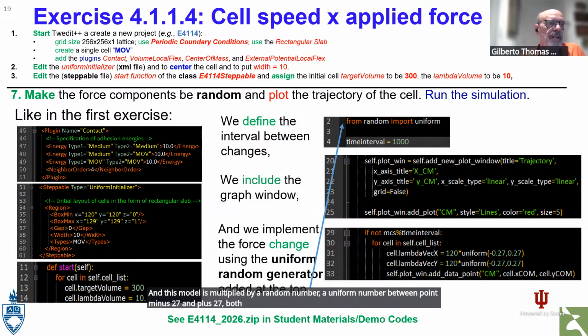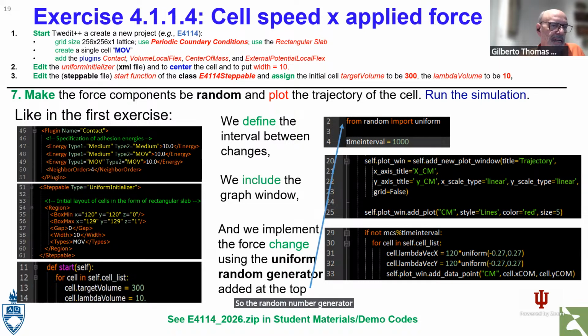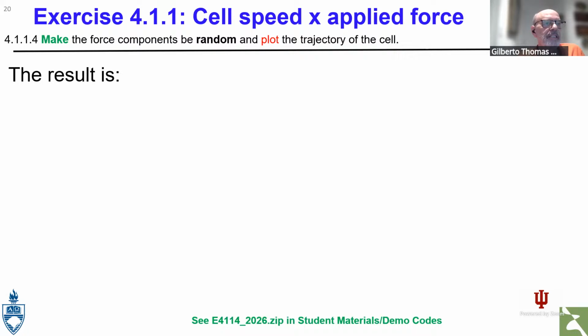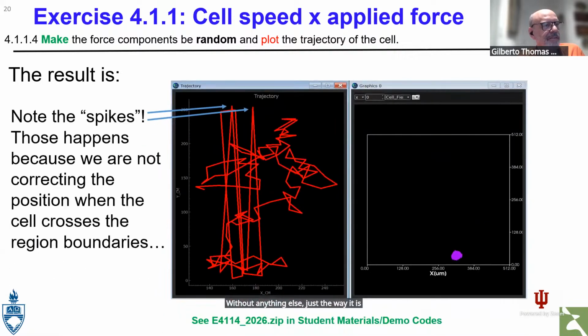So the random number generator picks a number between minus 0.27 and plus 0.27, multiplied by 120, and this is the new value for lambda vec. Put it to run without anything else, just the way it is. We should get something like that.